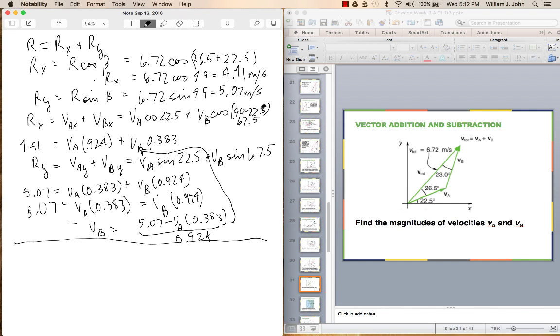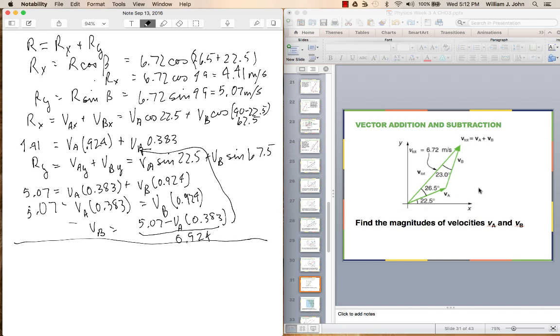Here I said that the angle that would be used for B is 26.5, and that is actually not correct. If you look here, it's clear that the angle here is greater than 26.5 degrees, and in fact, the way you find that is here's a line that is intersecting two parallel lines.